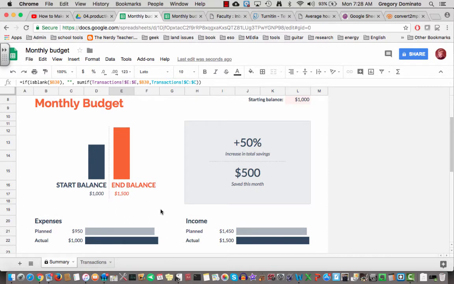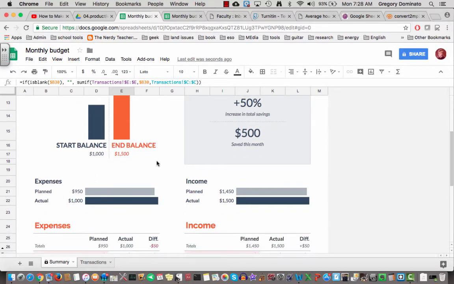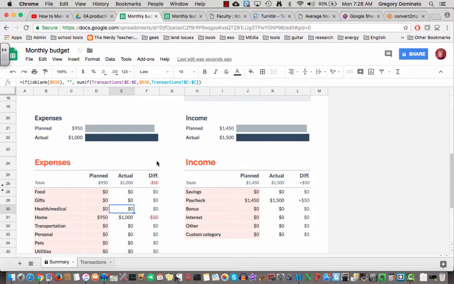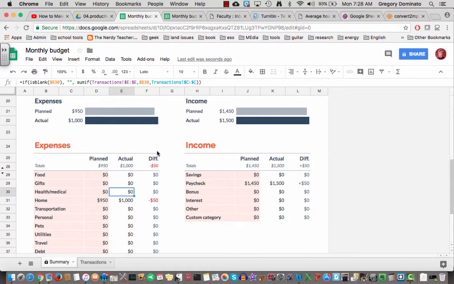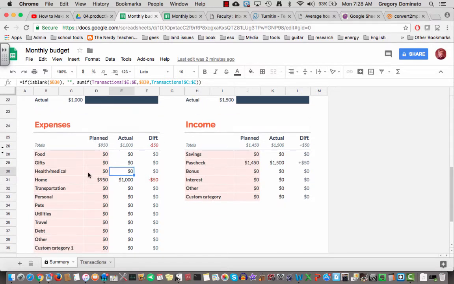For this initial situation, the person started with $1,000, that is in their bank or in their piggy bank or somewhere. They had $1,000 already in hand, and they're tracking that against expenses and income. They set up what they think they're going to be spending, and then what they actually spend creates a difference.